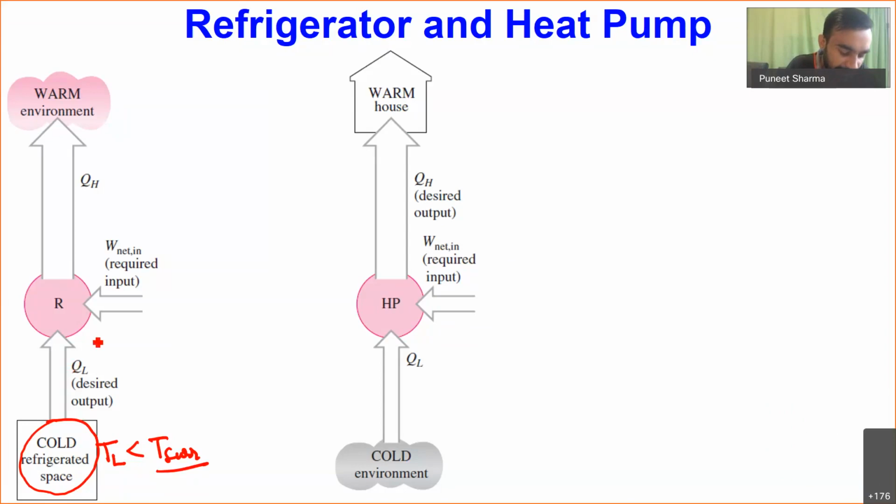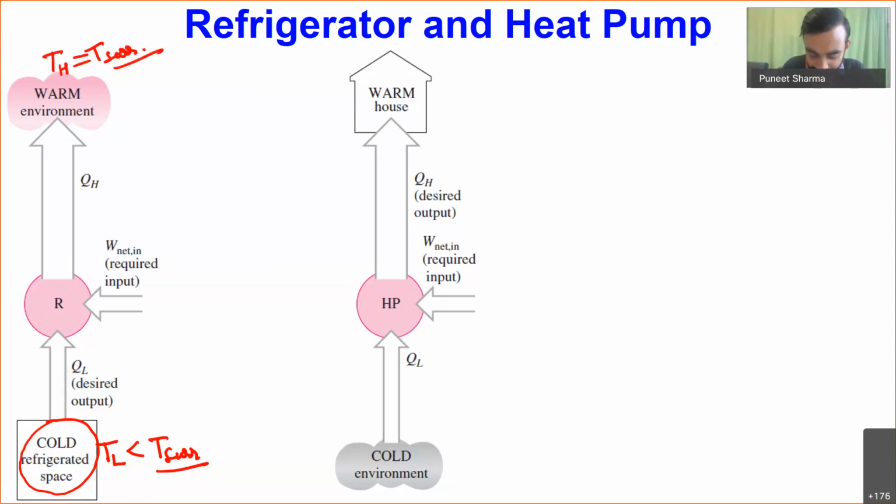Because we are removing this heat from low temperature to a warm environment, we have to supply a certain amount of work to this refrigerator. QH is the amount rejected to the warm environment, at temperature TH, which is almost equal to the surrounding temperature.